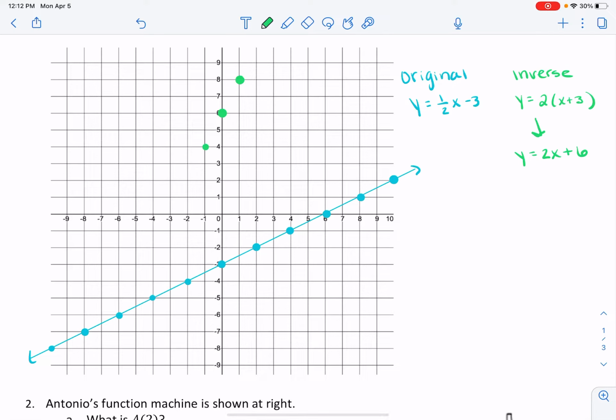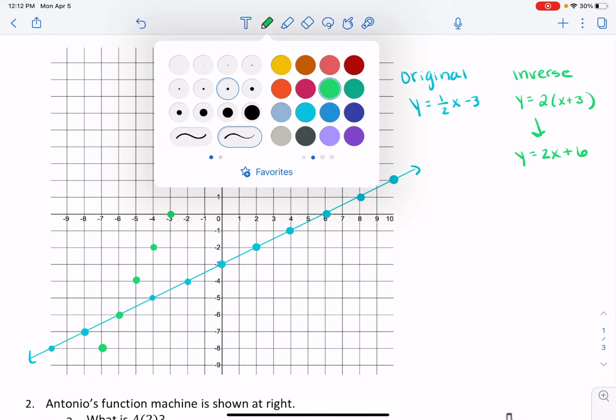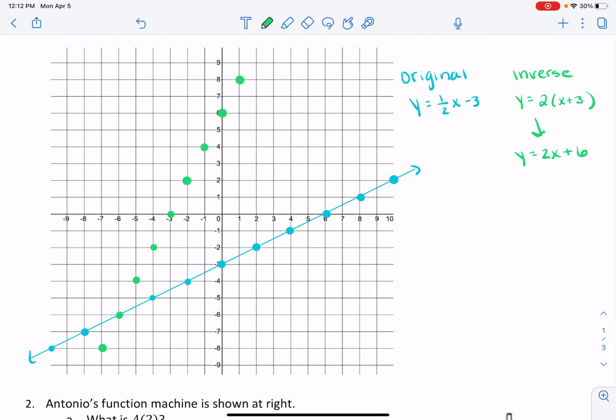And then I'll go down 2 over 1. And you could look at Desmos for help as well. Okay, so now we've got that. I'll draw a line. The line's a little off here.